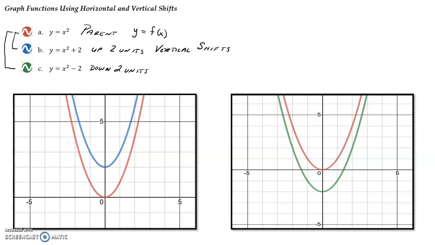Right, and it doesn't matter what our original function was. Remember, it could be in the form y equals f of x, and f of x could be any function. We could be talking about the x squared function, or maybe we're talking about the absolute value of x function, or maybe we're talking about the x cubed function, right? Any parent function.